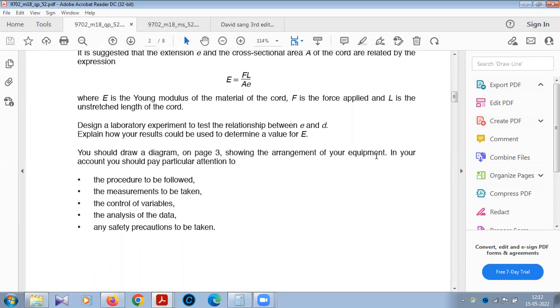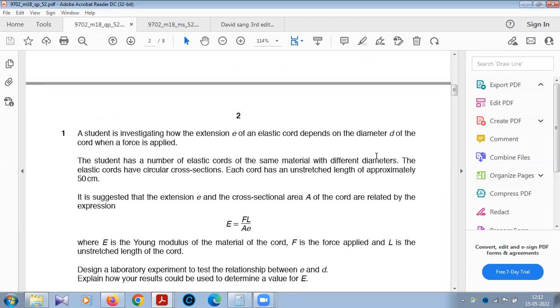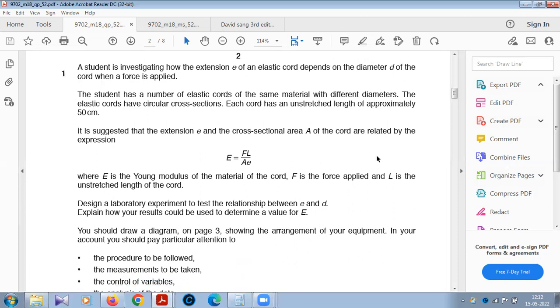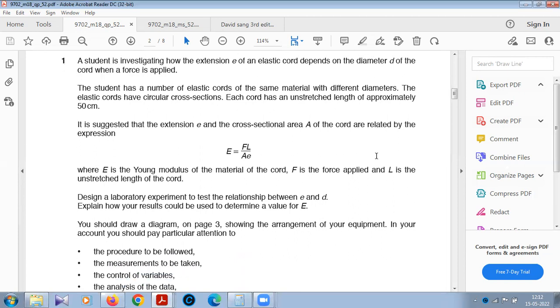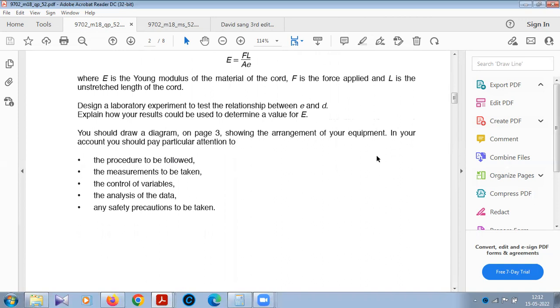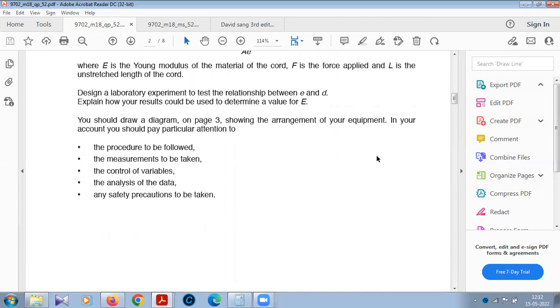So you don't have to conduct any experiment, you just have to tell how you will conduct it, if at all you have to conduct this experiment. So what all things you have to write are these. You should draw a diagram on page 3 showing the arrangement of your equipment in your account.